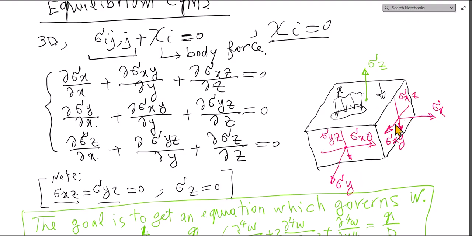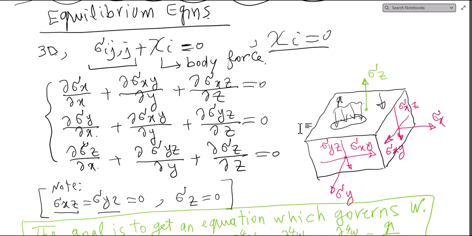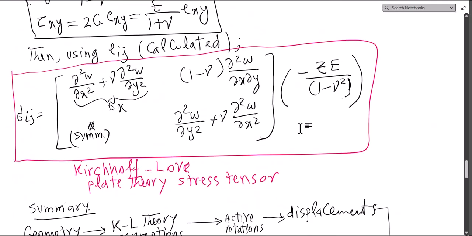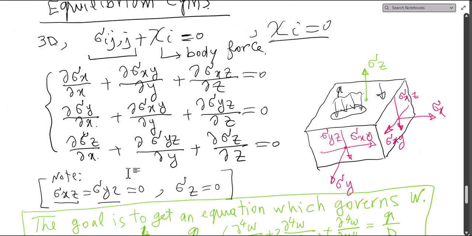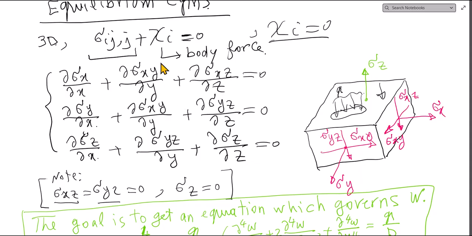So if we say, let's say this, some of them are absent because of the calculation that we did, then this will be identically zero, and this will be identically zero, and then you will end up with these four terms, two terms here and two terms here.